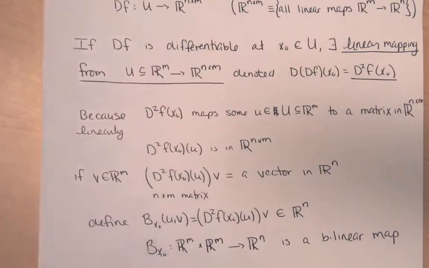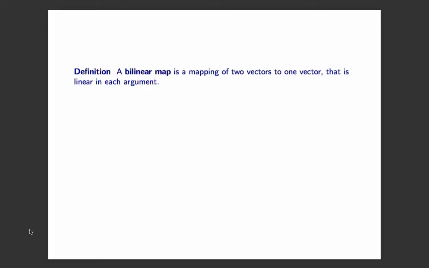Now, what's a bilinear map? Well, a bilinear map is just a function of two vectors that maps to a third vector, and the function is linear with respect to each of its argument vectors. Okay, so a bilinear map is just a mapping of two vectors to one vector that's linear in each argument.